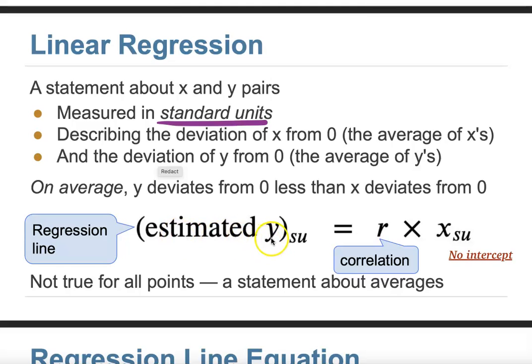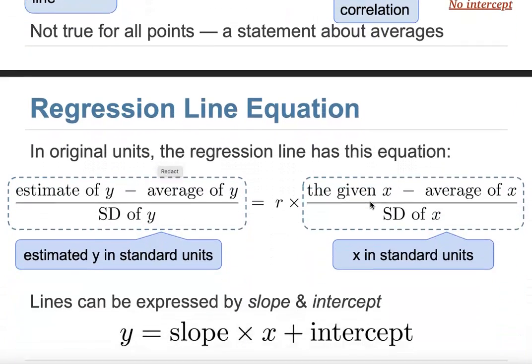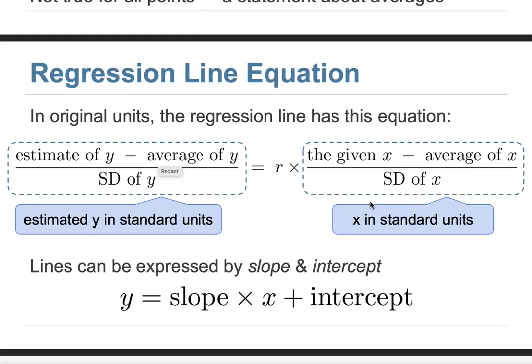Remember earlier, when we have the standard unit, the y is converted from the original y minus the average of y, divided by the standard deviation of y. So we just need to convert back. You have your regression line in the standard unit, y equals correlation times x.